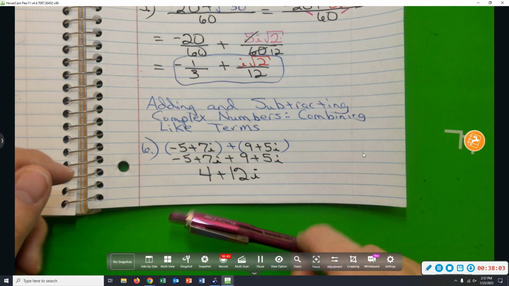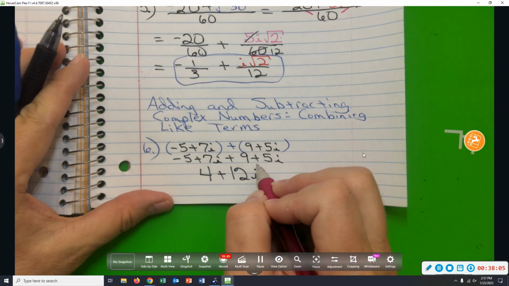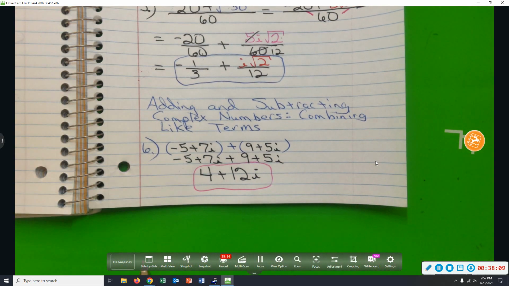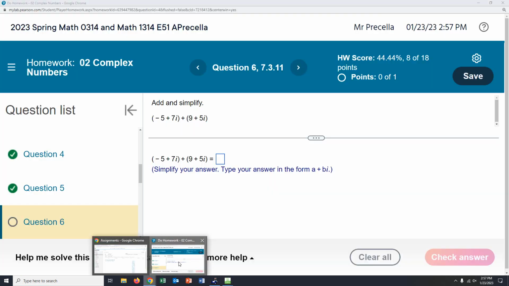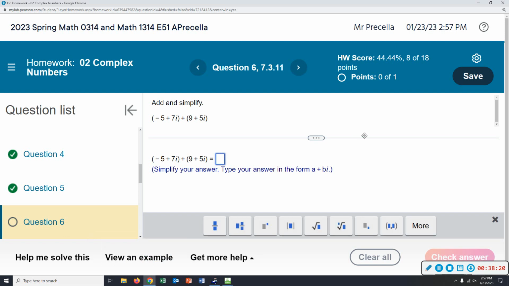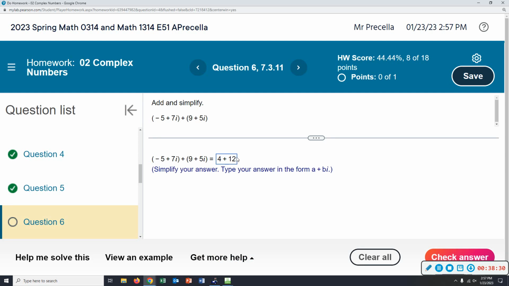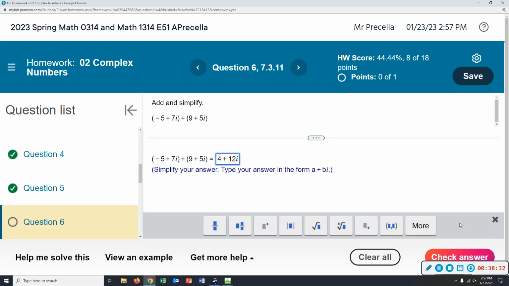Be careful, don't add the 4 and 12. It's tempting to, but they're not like terms. So 4 plus 12i. So to add complex numbers, combine like terms. Sometimes students will say, well, wait, I could have done that problem without... Oh, wait, what did I do wrong? Oh, I didn't put my i, huh? Okay.